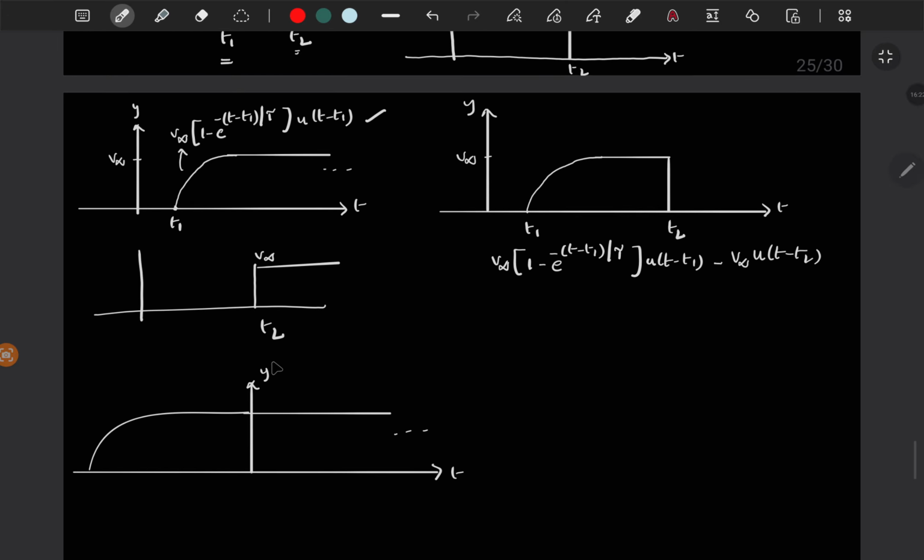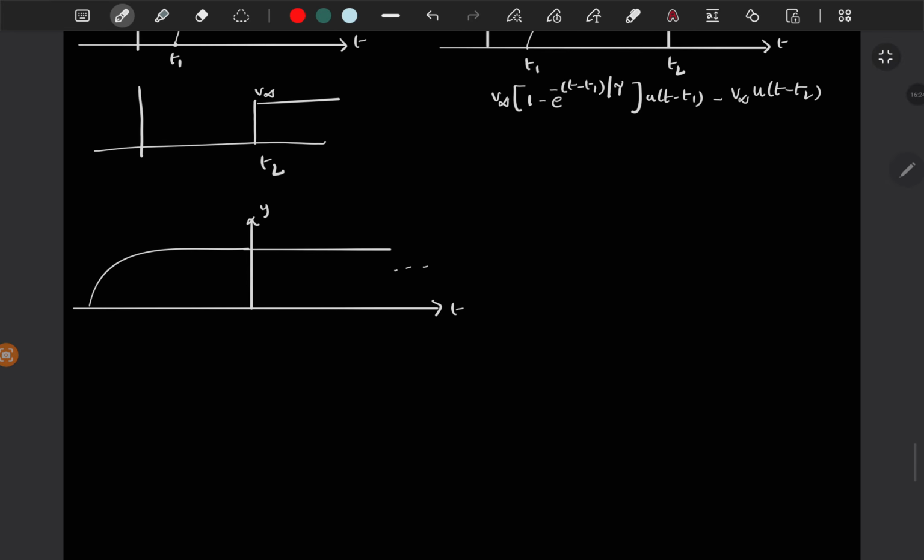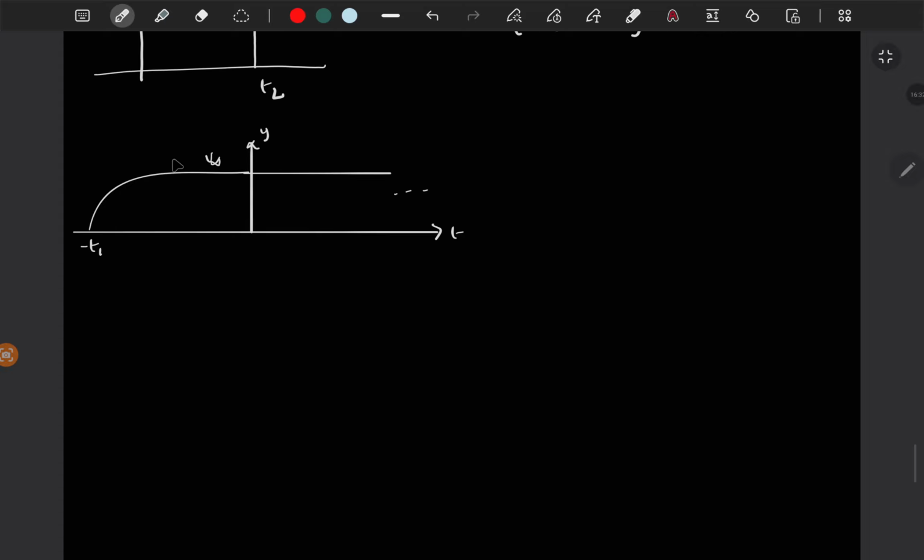We know this equation, right, from 0, which is v infinity times 1 minus e power minus t by tau. Now I am doing left shifting of that waveform, which means you have to replace t with t plus t1. So you will get v infinity times 1 minus e power minus (t plus t1) by tau, u of (t plus t1). So this is that equation.